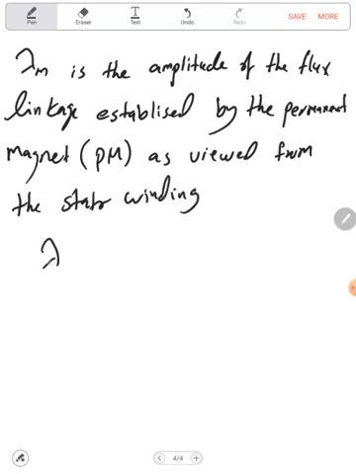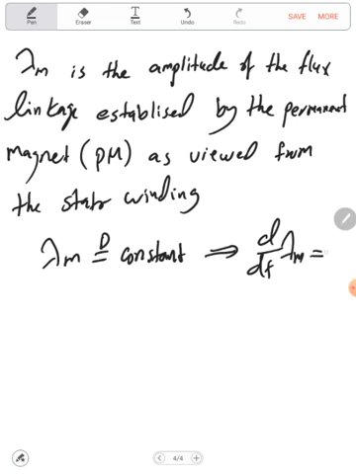So simply this means that lambda m is constant. Of course, if we neglect the aging effect, which means that d by dt of lambda m is equal to 0.